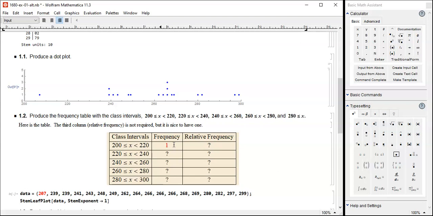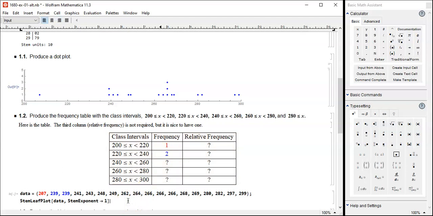Now, 220 to 240, greater than or equal to 220 but strictly less than 240. How many data are there? Here I see two of them, 239 and another 239. Are there any more between 220 and 240? I don't see any. So there are two of them. Let me highlight in blue.